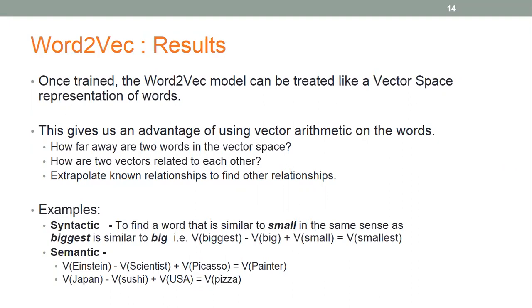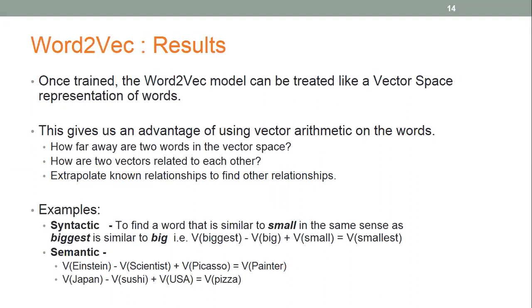Another interesting result from this was how do you find a word which has a similar sense to small as big is related to biggest. And they could also do the vector of biggest minus the vector of big plus the vector of small gives the vector of smallest.